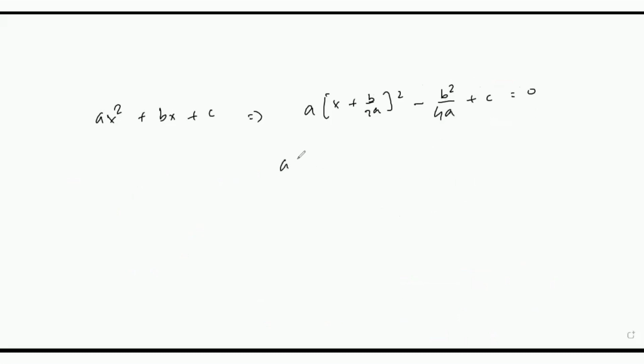Then we can simplify this, and this will then be equal to b squared minus 4ac over 4a.